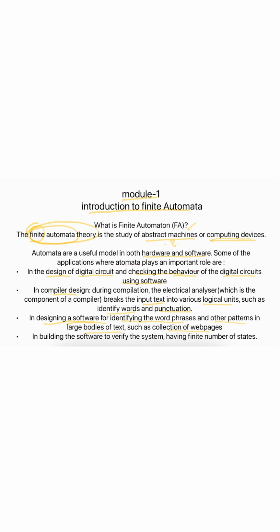The next application is in building software which verifies systems having a finite number of states. Even there, this concept is helpful. So now we know what finite automata is and what its applications are.